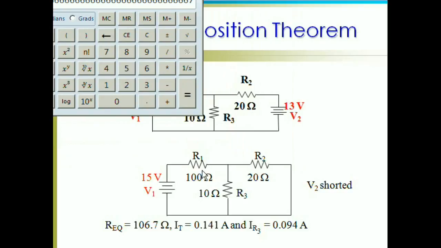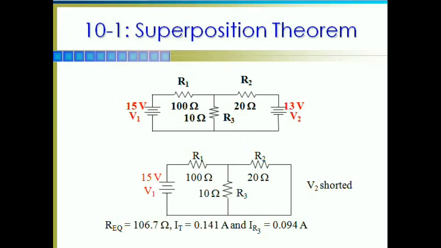And then, of course, I'm in series with a 100 ohm resistor. Let me get that out of the way and go back to the drawing board here. So this equivalent resistance is 6.67 ohms in series with a 100 ohm resistor. So my equivalent resistance is 106.67.